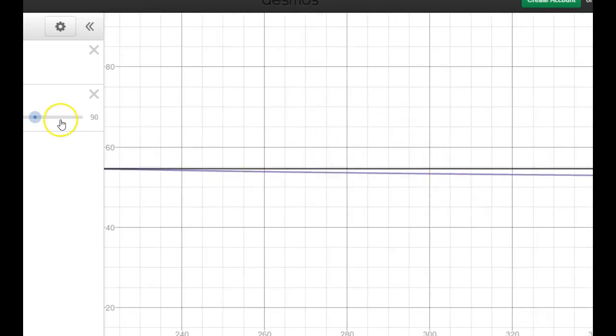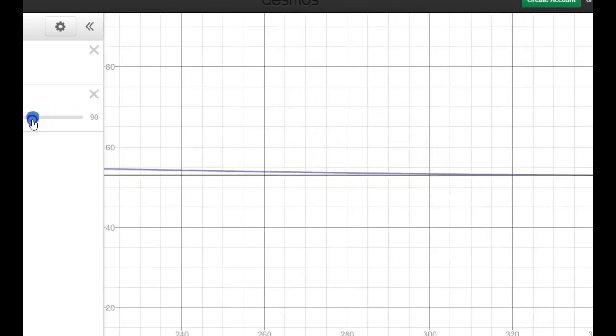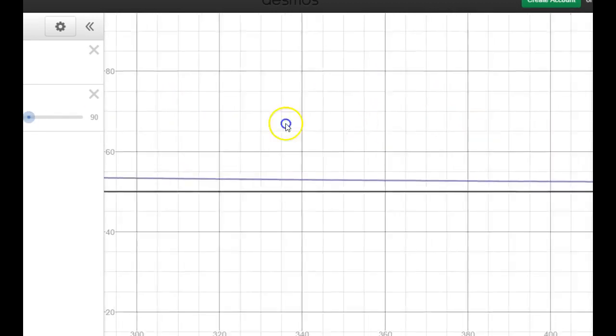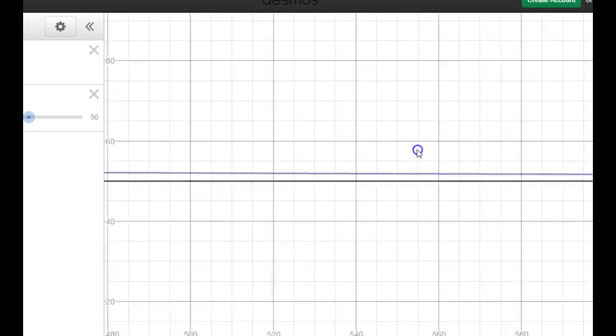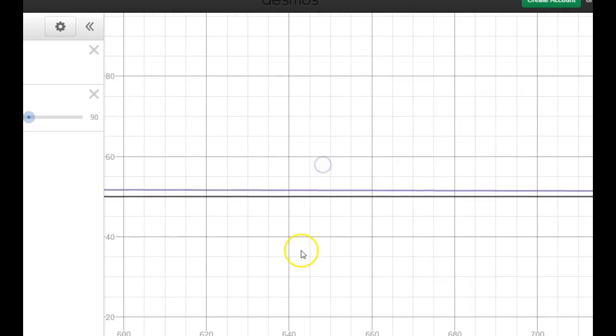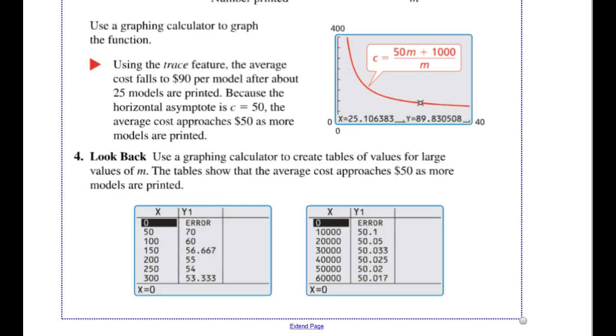So here again I have my black line. I can see that it's going to approach $50. As I continue, it's getting closer and closer, but it's never going to touch. So I can use that to estimate that it's going to approach $50. And this I can do without creating the table and without having to use the actual graphing calculator. I can still use my Desmos to do that.